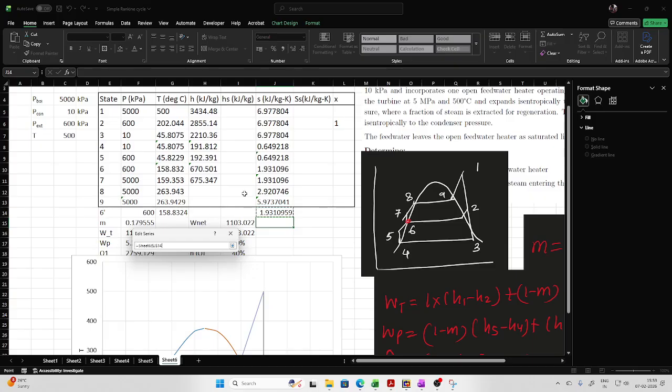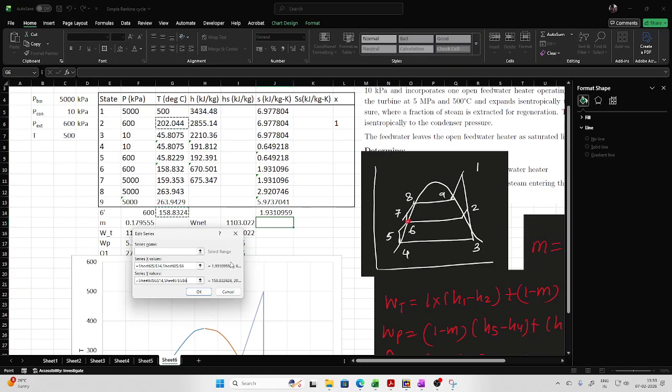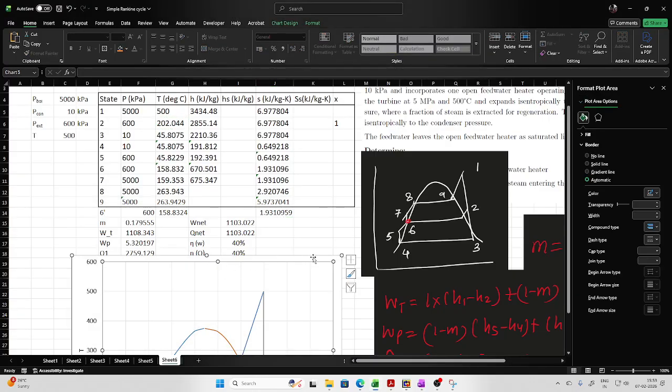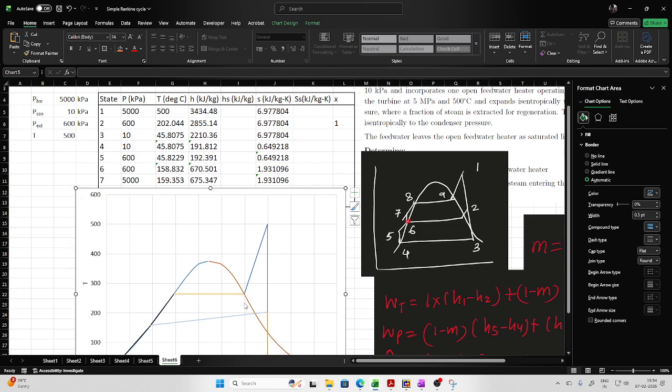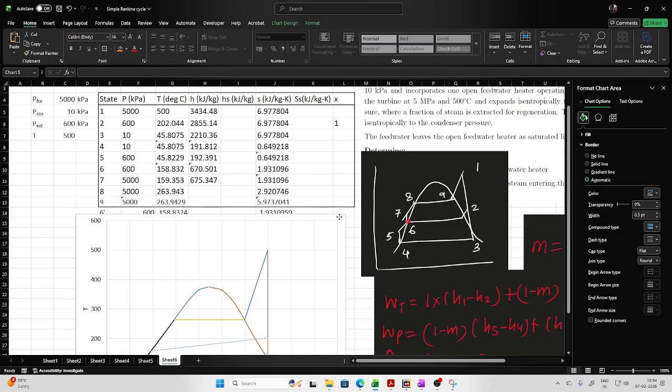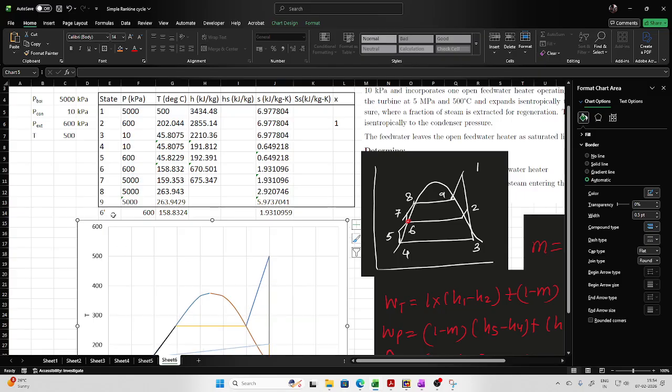It is 6 prime to 2. Likewise for the temperature, it is 6 prime to 2. Okay. So now you can see, why is it not coming, because 6 prime temperature should be same as that of 6. Yeah, they are same. Then why is there a shift?